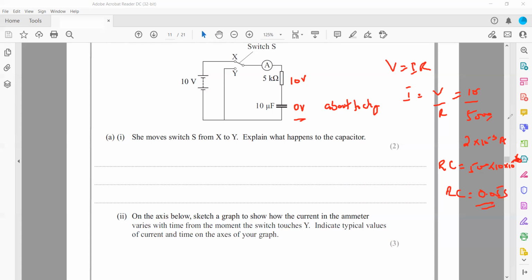And what is 37% of the maximum value? The maximum current which entered is 2 milliampere. So 37% of 2 milliampere is 0.74, so this will be 0.74 times 10 to the power minus 3 ampere. That is the current after 0.05 seconds, because we worked out the time interval for RC.